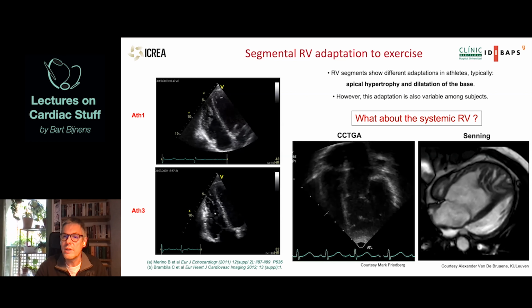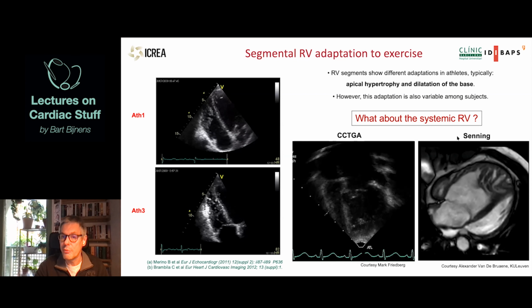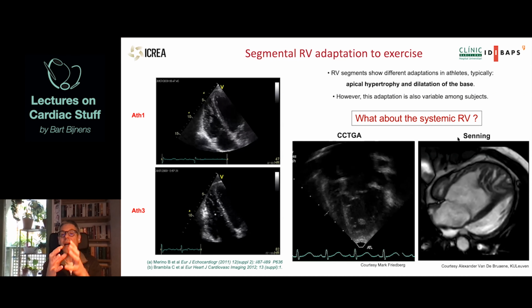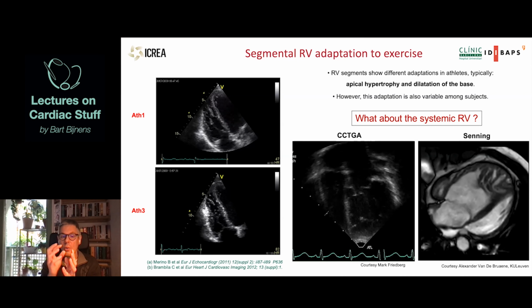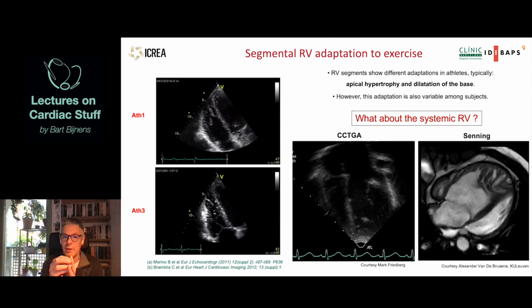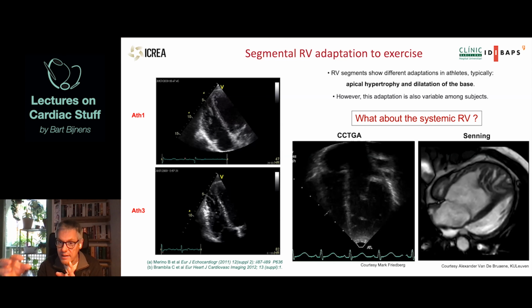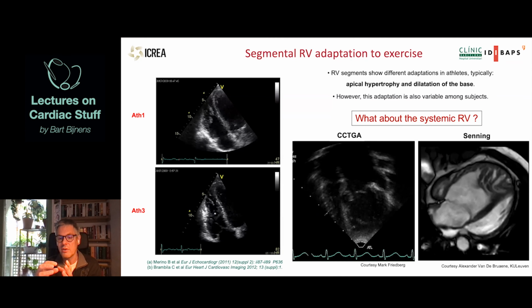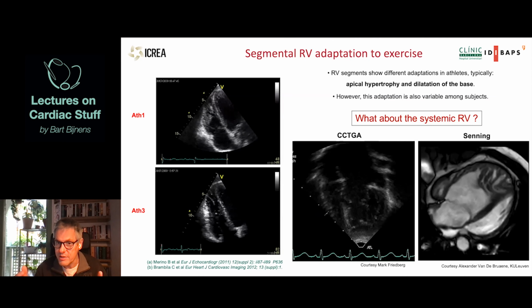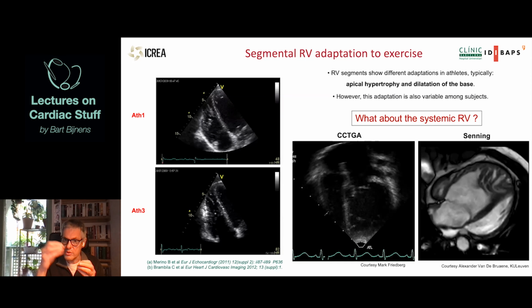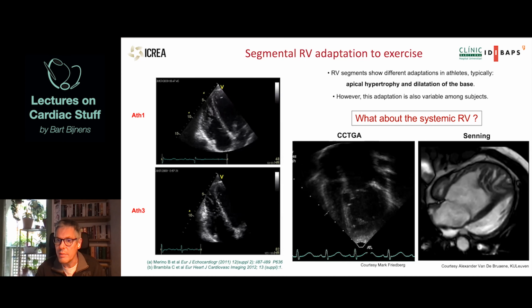On the other hand, you can also have a full transposition, where a baby is born with the aorta coming from the right ventricle and the right atrium connected to the right ventricle, which of course is not a viable situation after the ductus arteriosus closes.